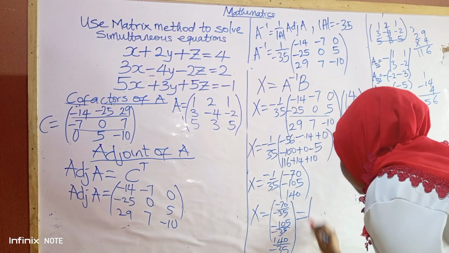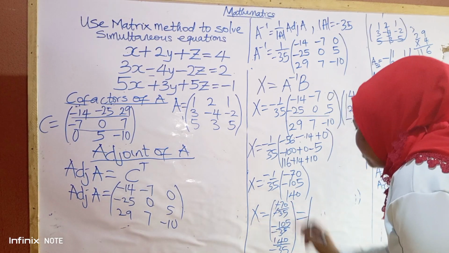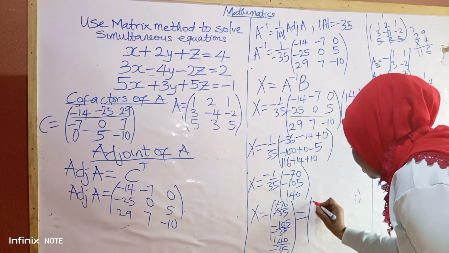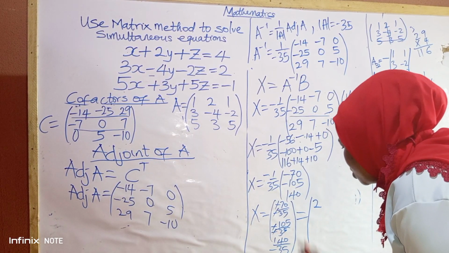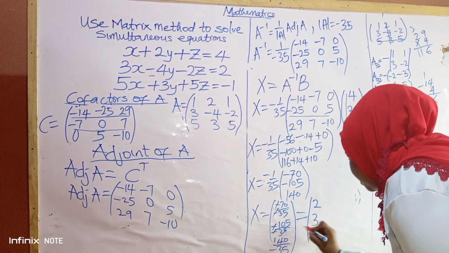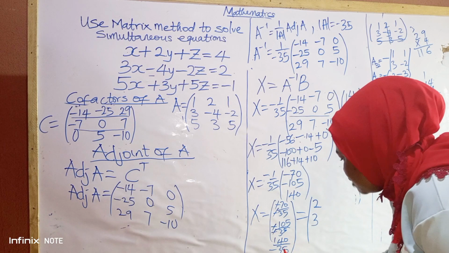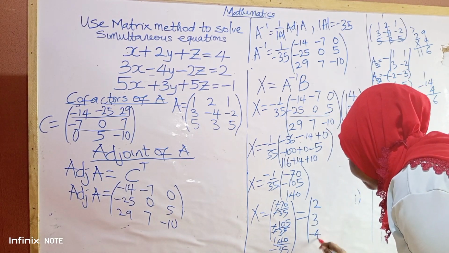So here, minus cancels minus, so 70 divided by 35 is 2. Minus cancels minus, 105 divided by 35, that is 3. 140 divided by minus 35, that is minus 4.